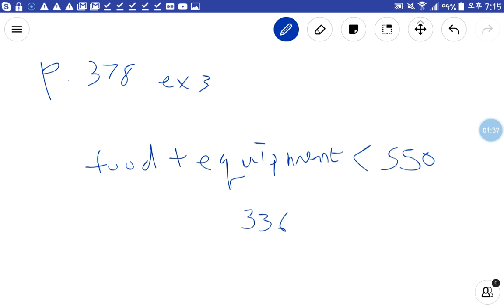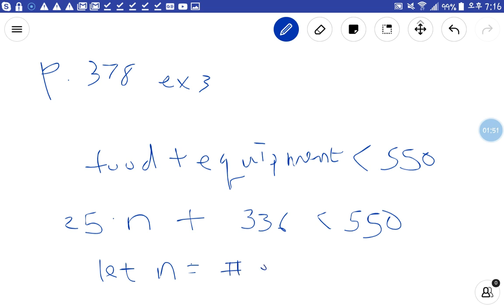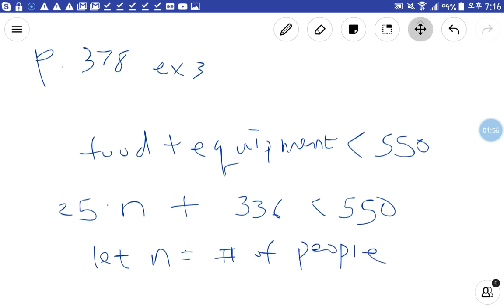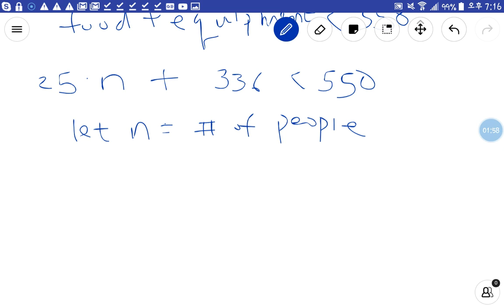Food per person is 25 pounds, but we need to multiply by the number of people, plus equipment, should be less than 550. So in here, let n be the number of people. Okay? Now, we need to solve this linear inequality: 25n plus 336 is less than 550.